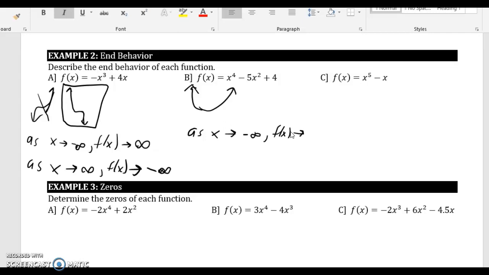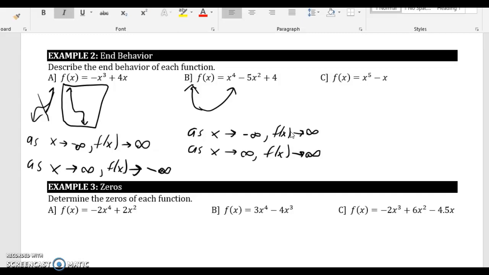So as you go left, what does the graph do? It's going up. As x goes to the right, what does the graph do? It's going up. Okay? So knowing what the graph looks like, I can talk about my end behavior.